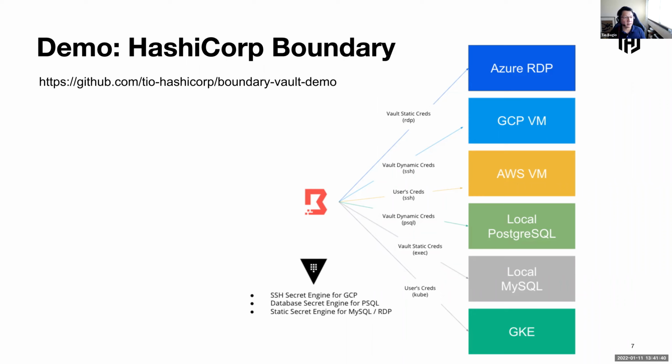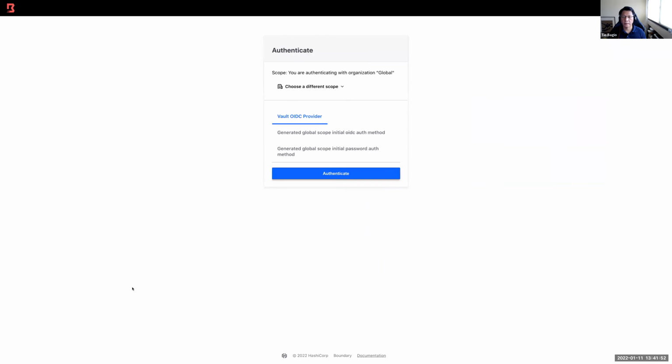This is the console that administrators use to manage Boundary. As an administrator, I can log into Boundary via several authentication methods. OIDC is provided, and as you can see, there are several of them here, as well as the typical username and password authentication method that is managed locally by Boundary.